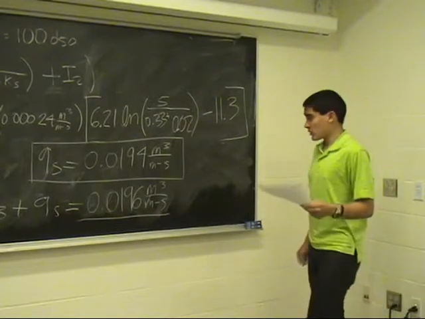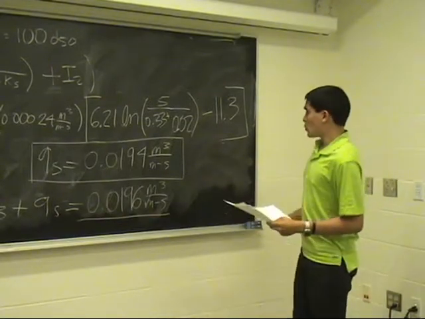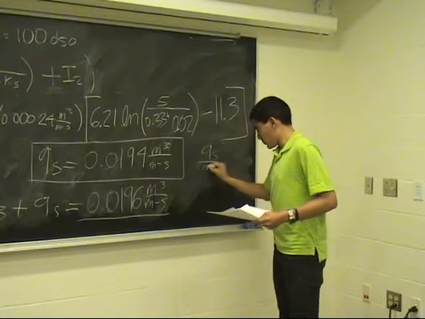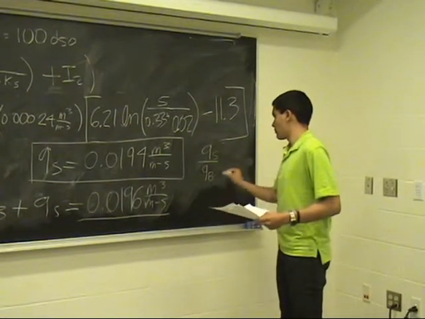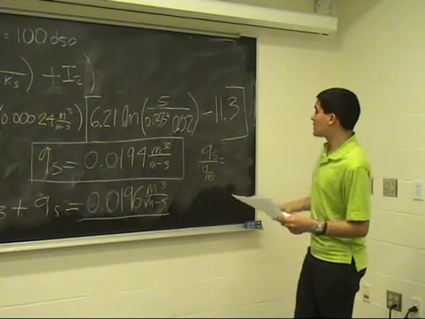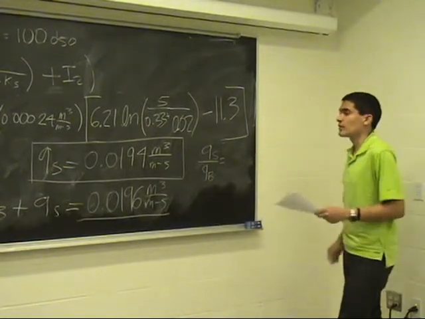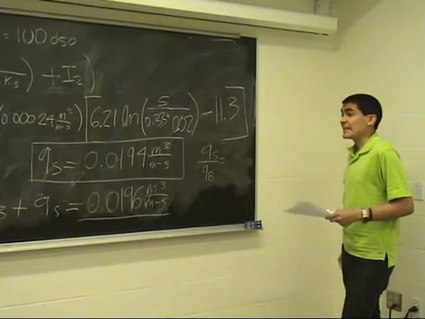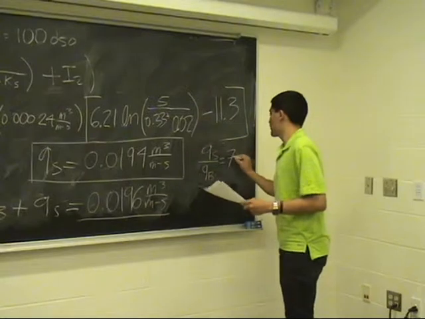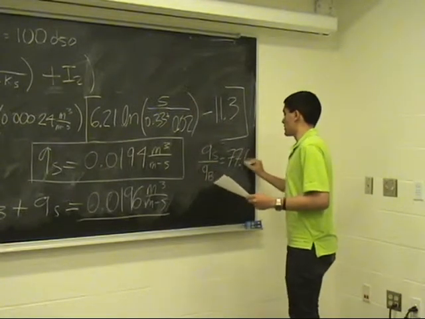One important final remark is the ratio between the suspended load to the bed load. There's always going to be substantially more suspended load than bed load in any channel. In our case, this ratio is 77.6.